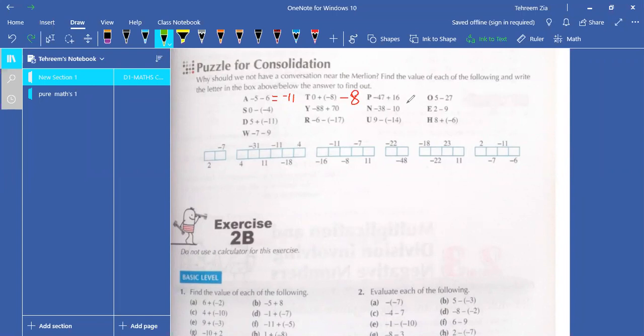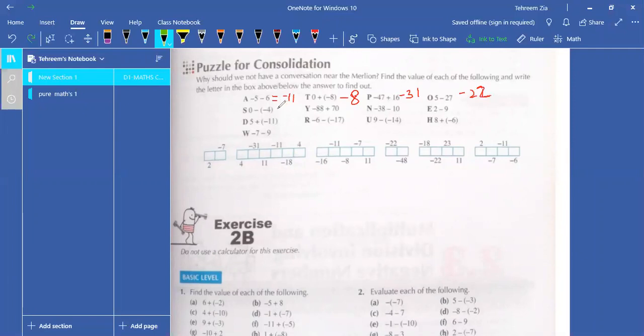Answer, hurry up. Minus 31. 5 minus 27. Minus 22.